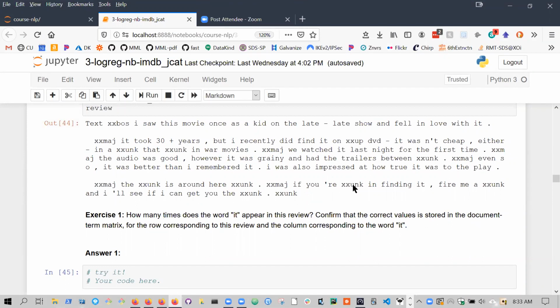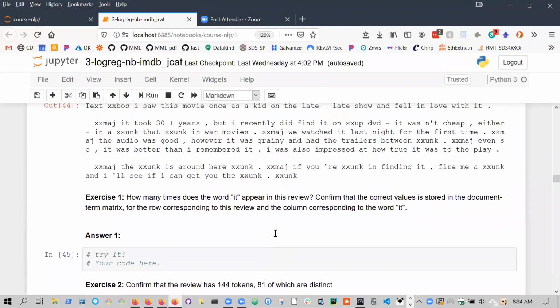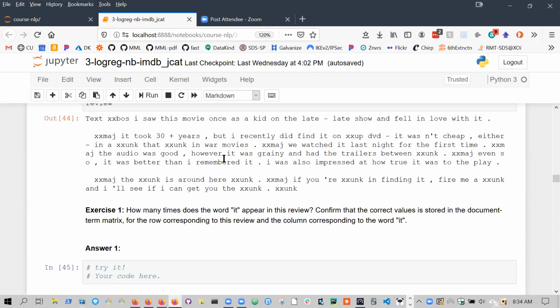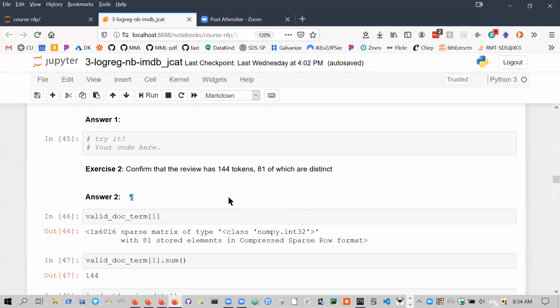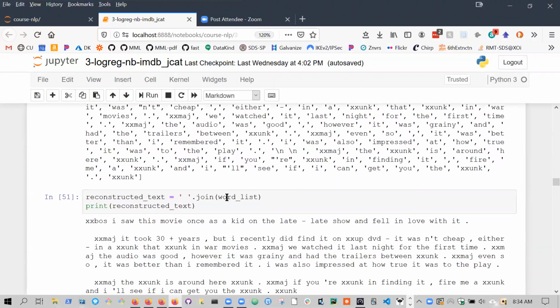Well, you can count it, and find out how many times it occurs in the review, but you can also do it by software, and that is you can use the vocabulary dictionary that is S2I to find out which index corresponds to the word "it," and then you could convert this review into its embedding vector, and then you could look at the entry in the column for "it" and see how many there are, and so that's how you could do that. What else? I'll just go past these.